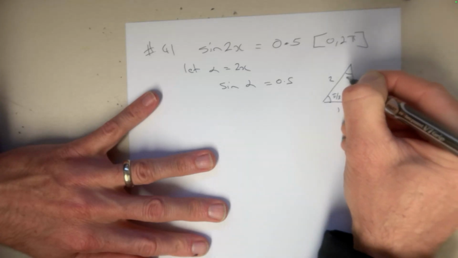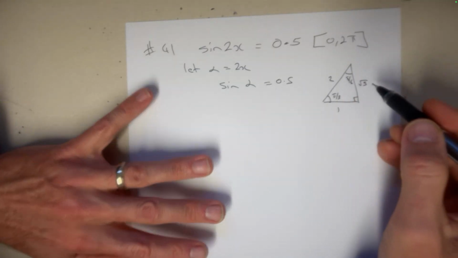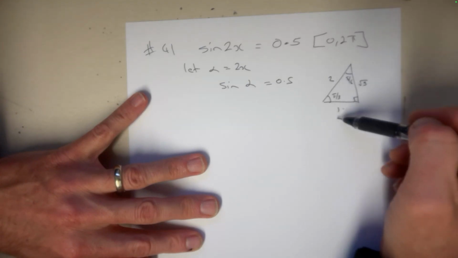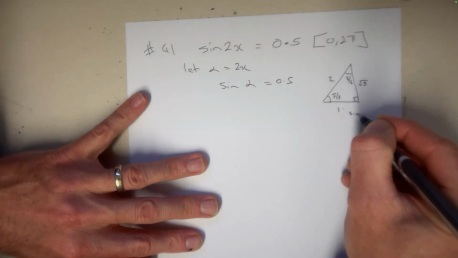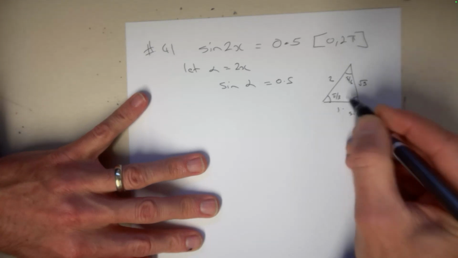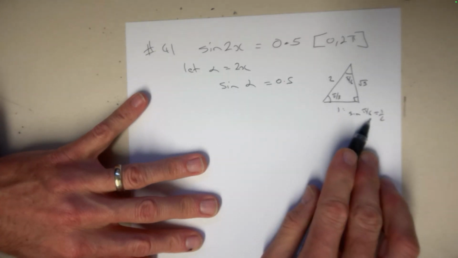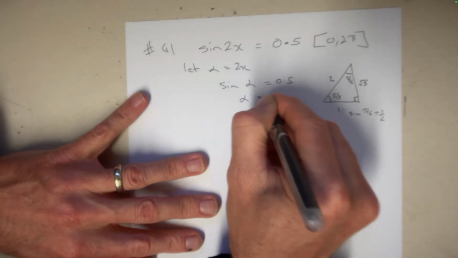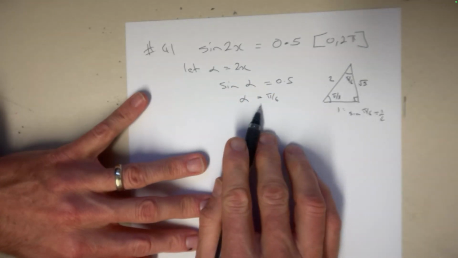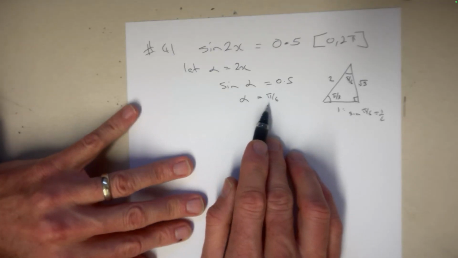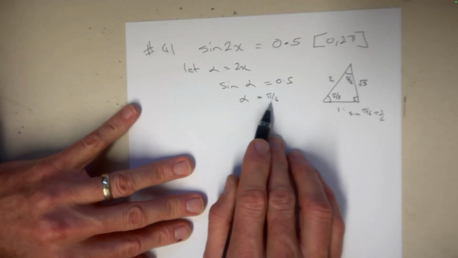This one here is pi over 6, and if you take that angle there, opposite over hypotenuse is sine. So here, sine of pi over 6 is opposite over hypotenuse, which is a half. So straight away, what does that suggest? Alpha is pi over 6. And what's cool about this is that it is not a decimal. That is an exact solution because it's a fraction of pi.